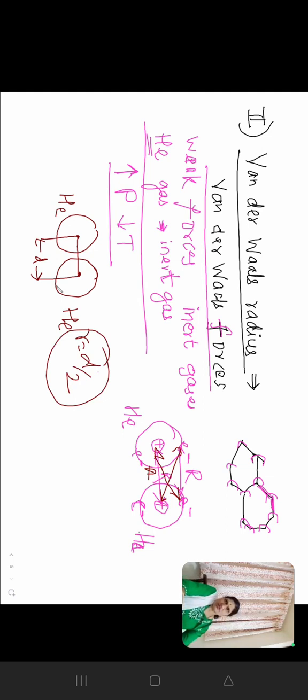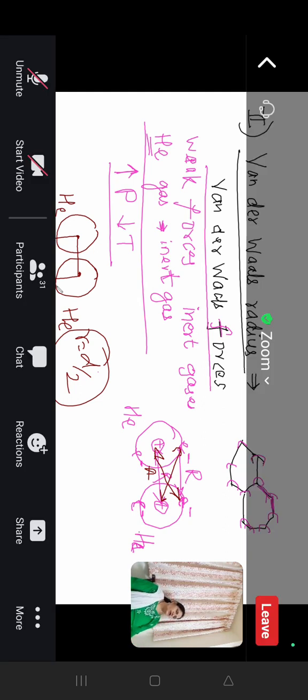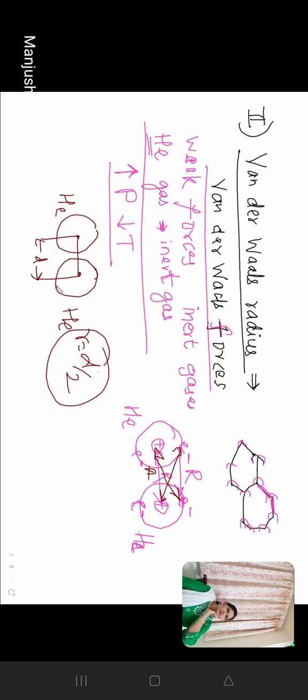Write down the explanation for this. I have given that van der Waals forces are weak forces and they exist in inert gases. Yes, ma'am. So write down the explanation now.